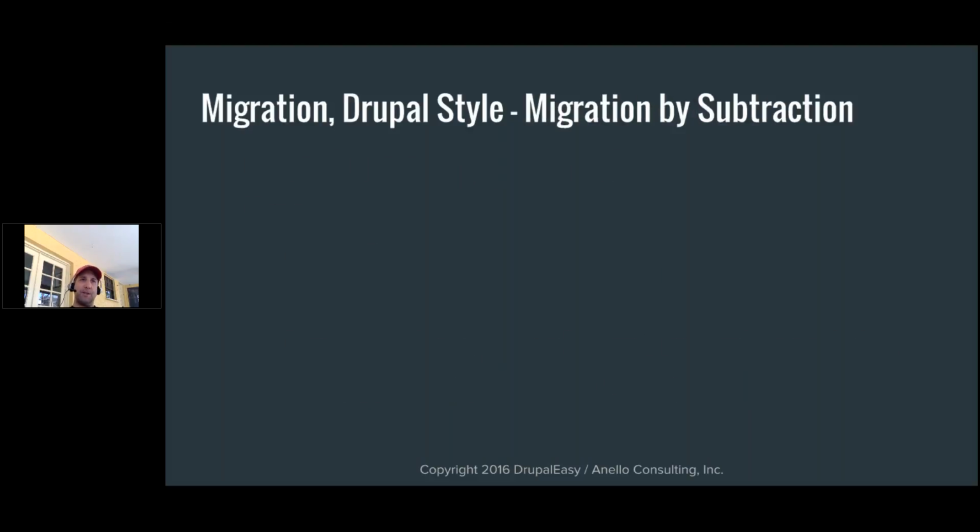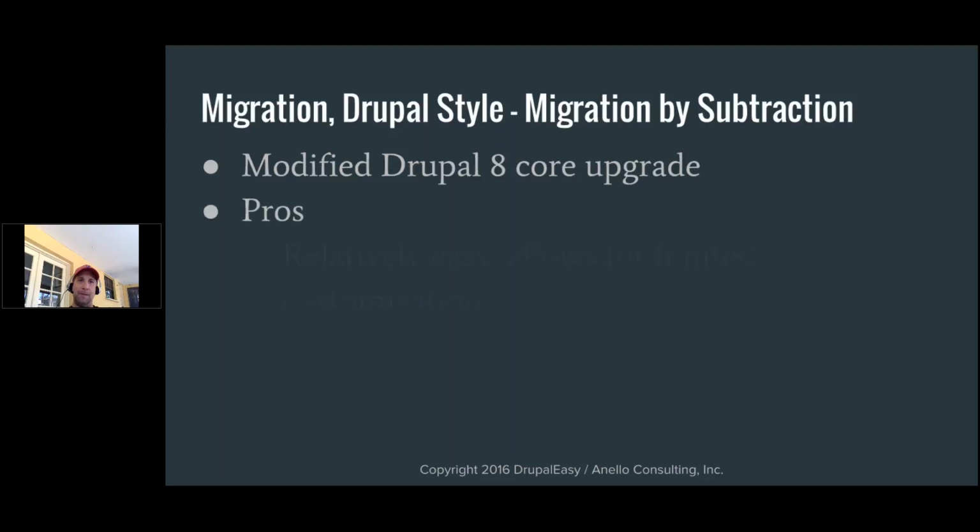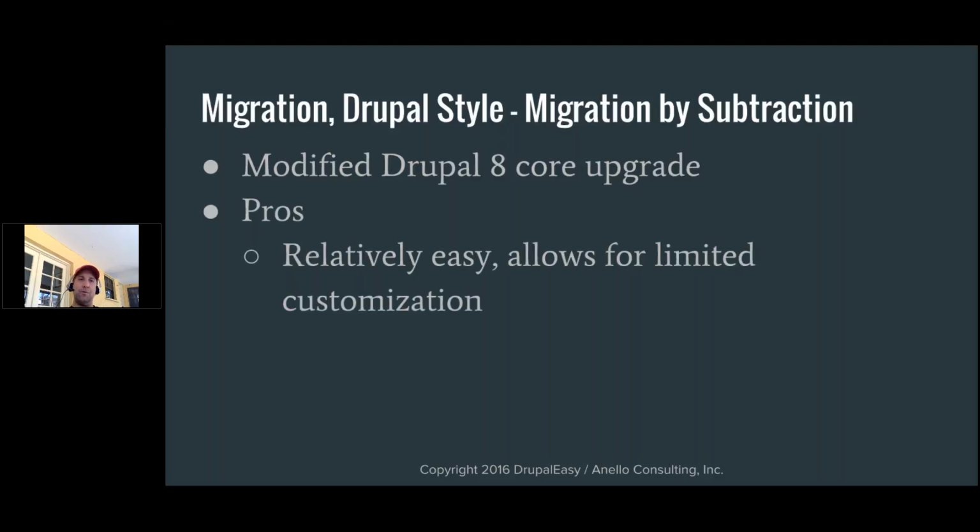Migration by subtraction is a really interesting one. I have not used it other than evaluating it, but it's a modified Drupal 8 core upgrade. What this allows you to do is configure a whole enchilada style upgrade, but then modify the migrations that the Drupal 8 core upgrade provides. So it allows for limited customization.